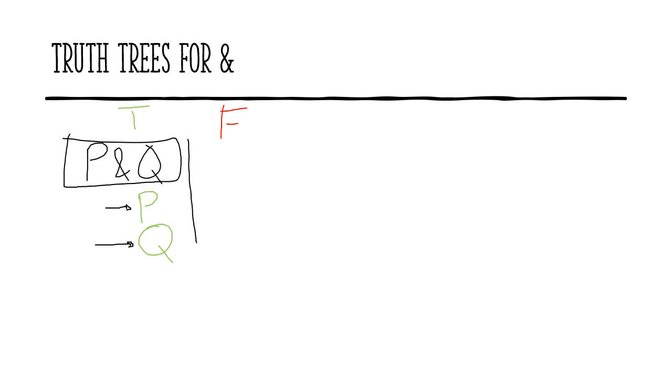Now, if we encounter an ampersand on the right side, what this is saying is that this statement is false. And then we think back to our rules. When is an ampersand false? And I told you before, it's in any instance in which either the left side is false or the right side is false.